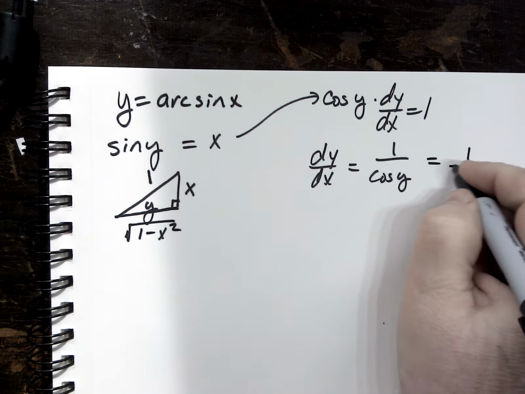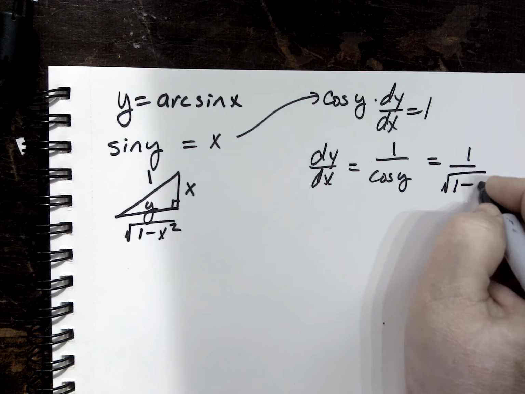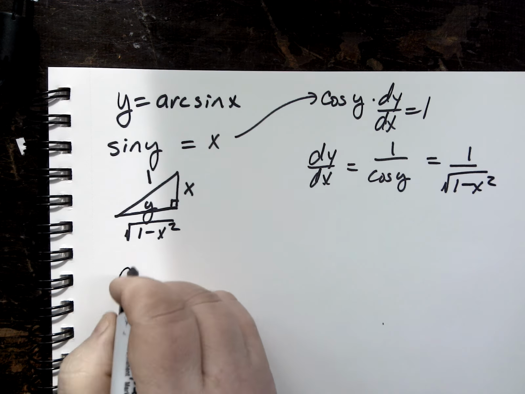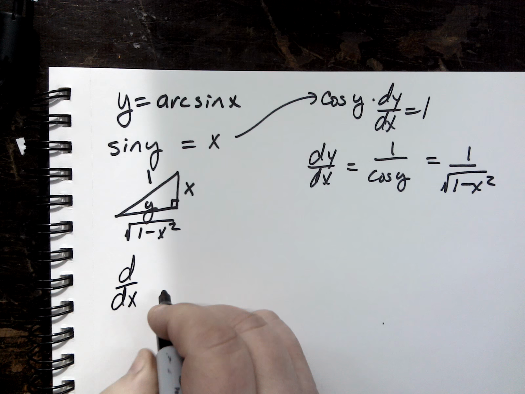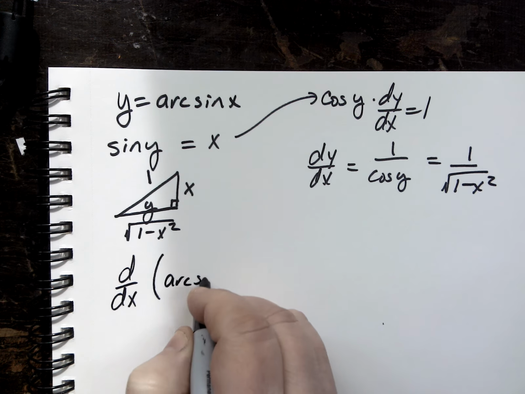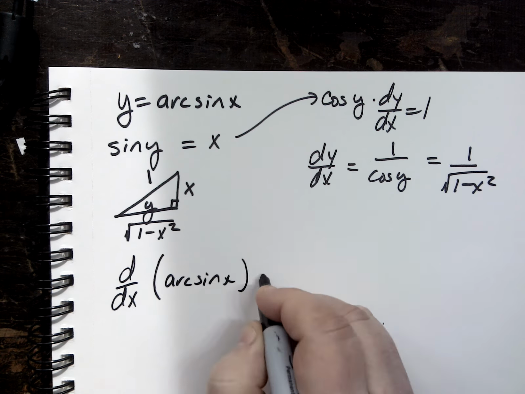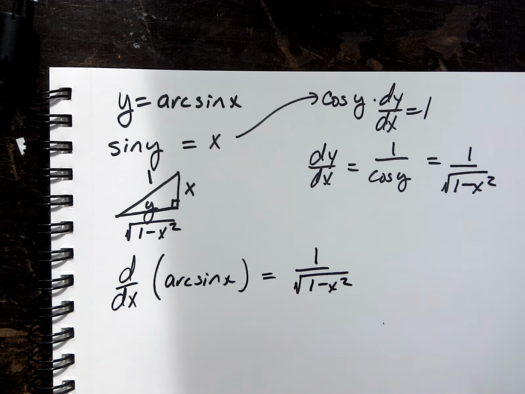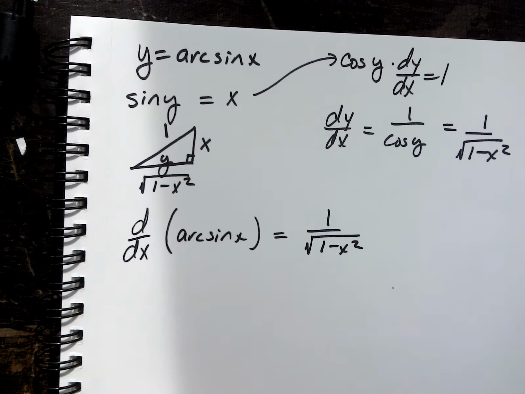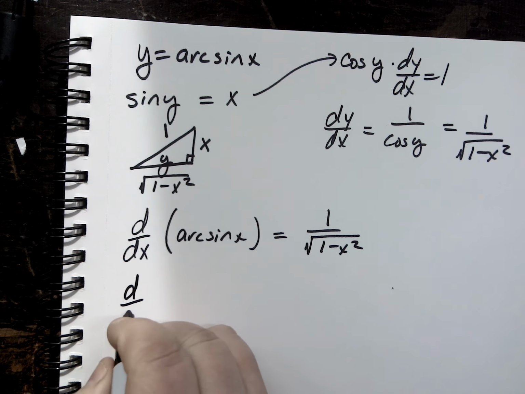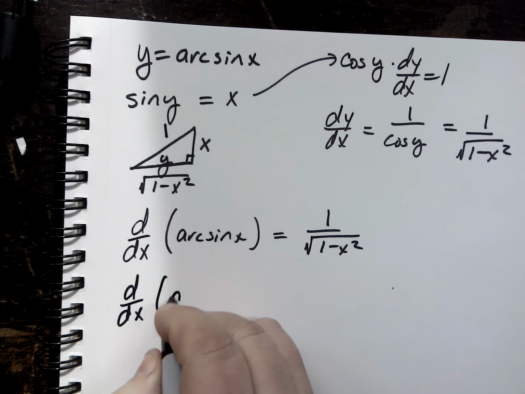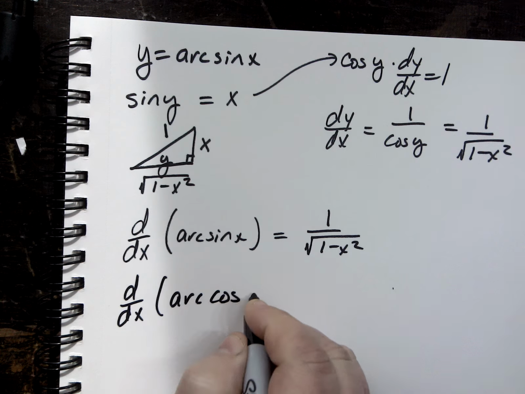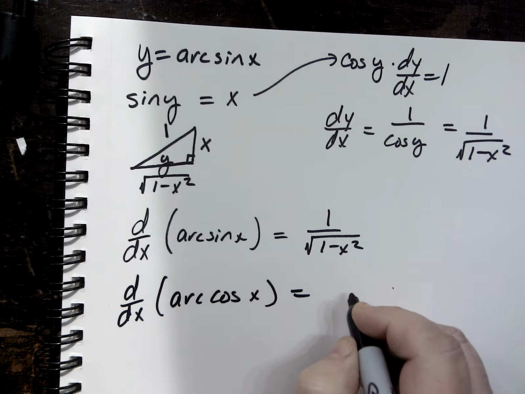So we get 1 over the square root of 1 minus x squared. So the derivative of arcsine is 1 over the square root of 1 minus x squared. And what I was saying before, the derivative of arccosine, if we were to crank it out, we would get the same thing but negative.